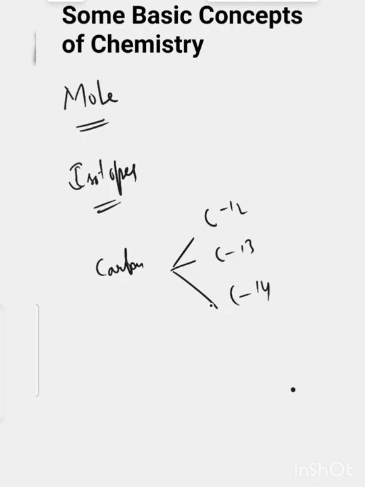So what are isotopes? Isotopes have the same atomic number but differ in mass number. What does it mean? It means that the number of neutrons varies in the isotopes of an element. In C12 there are 6 neutrons, in C13 there are 7 neutrons, and in C14 there are 8 neutrons.